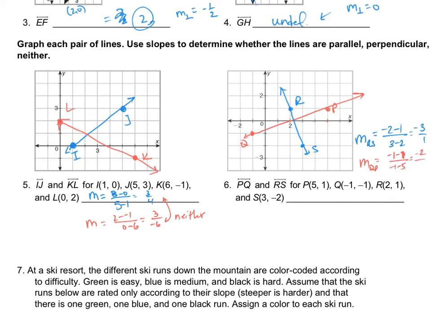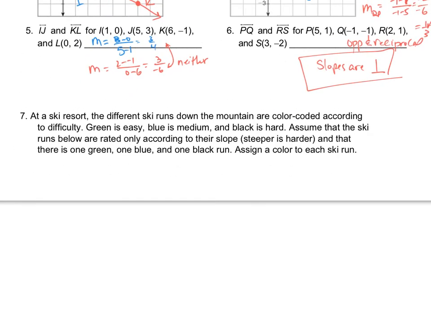This gives me negative 2 over negative 6, which is 1/3. Now comparing these, they are opposite and reciprocal. So the slopes are perpendicular.